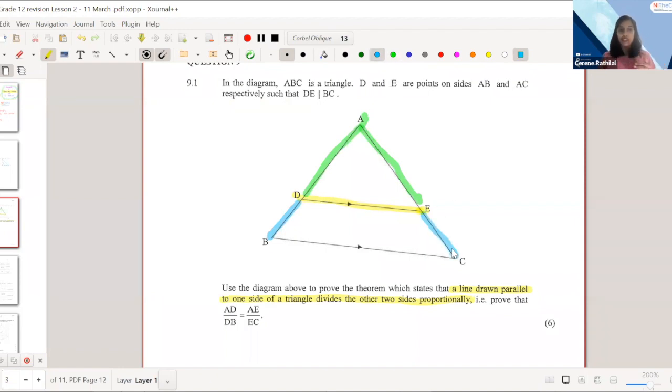And so that's the relationship here. Green over blue, so the green side over the blue side here is equal to the green over the blue side. So we're talking about the lengths of those sides. This is what we now essentially want to prove.